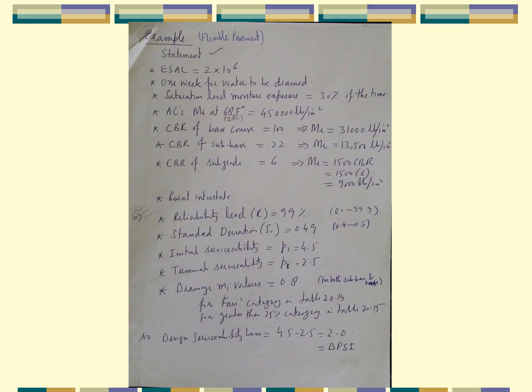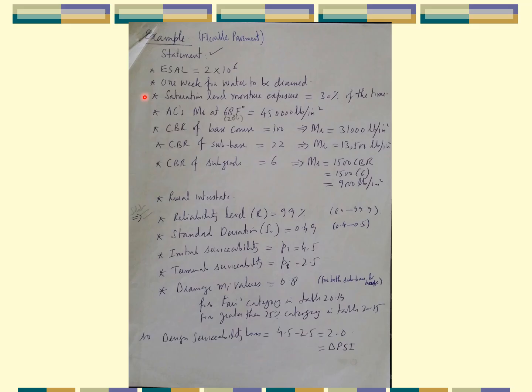Now at the end of this file you would find one example. If you look at that, here we are going to design the flexible pavement according to the AASHTO guidelines. Equivalent single axle load is given. One week is given for water to be drained.